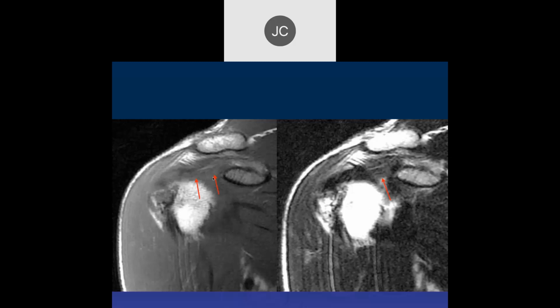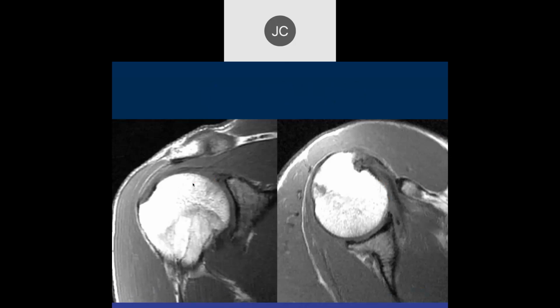On the T1 weighted image, it really should be black. On the T2 weighted image, we can see that it is a little bit lower signal, so we can actually follow it as a kind of thickened biceps, but it's very tendinotic here with increased signal intensity on the T1. And this turned out to be a type 4 SLAP tear as well.